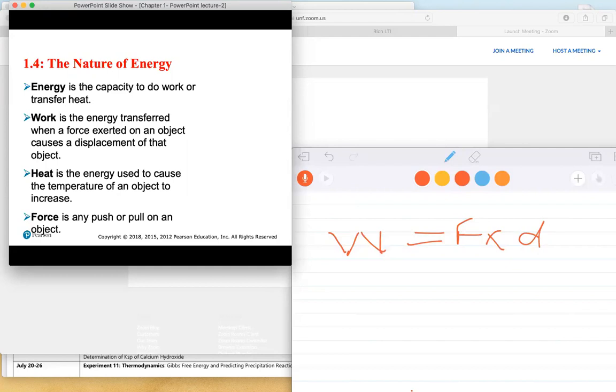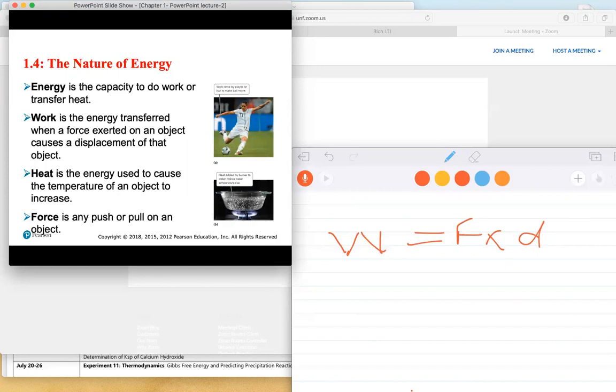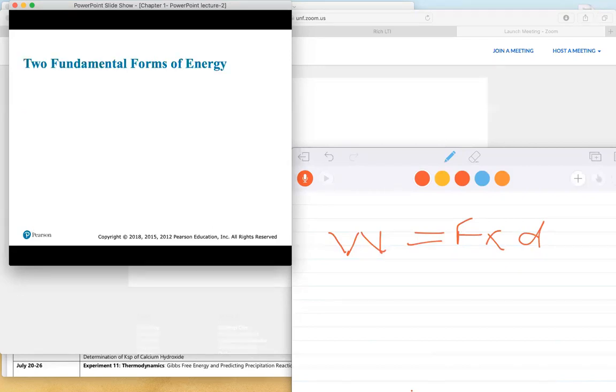Simply, force is a push or a pull. Those are the terms used in relation to energy, and energy is simply the ability to do work. Those four terms you should be able to state in an exam.